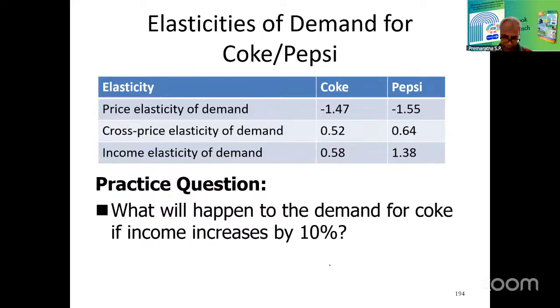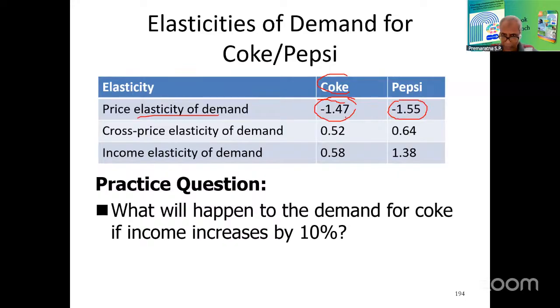Most probably next week we can do a group exercise. Imagine, or suppose, you have a firm like Coca-Cola. You are a manager. You estimate the price elasticity of Coca-Cola and Pepsi.